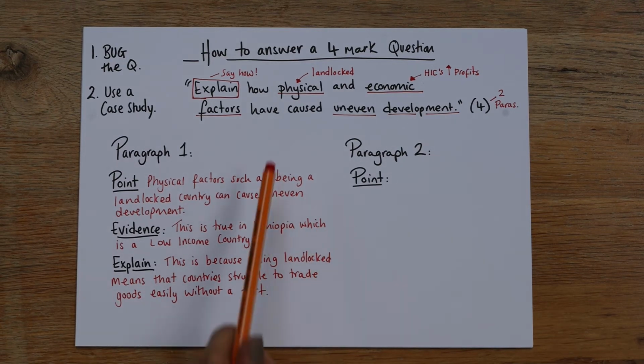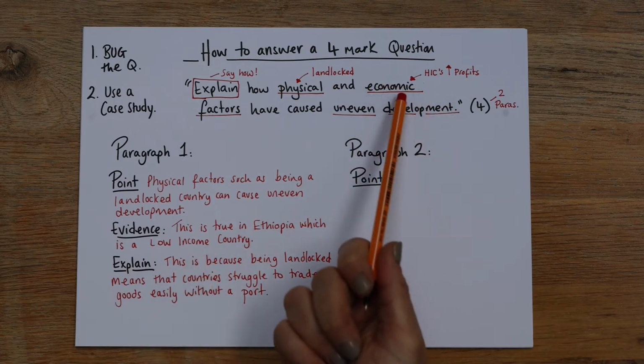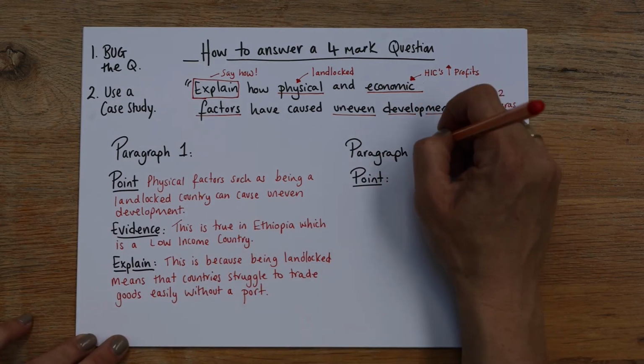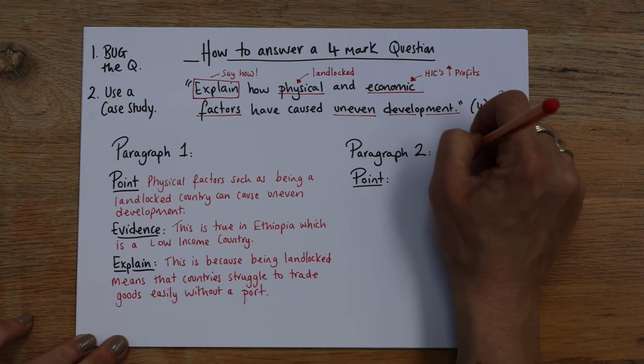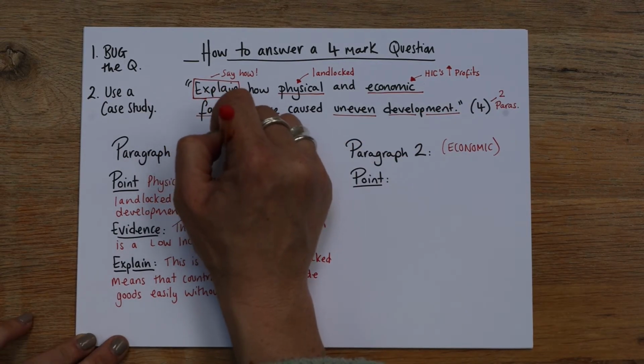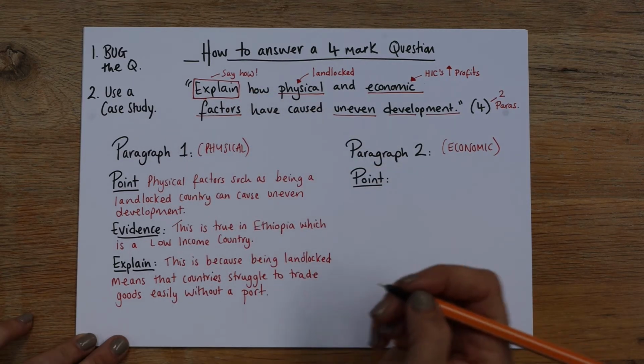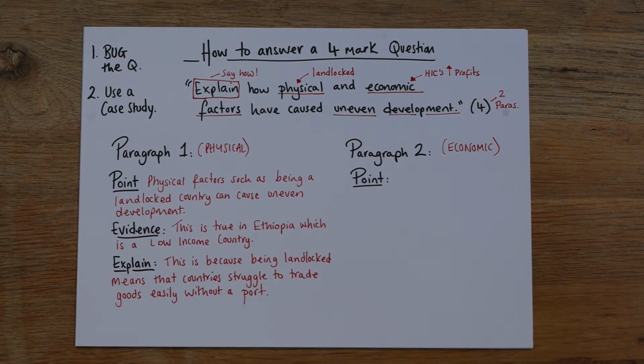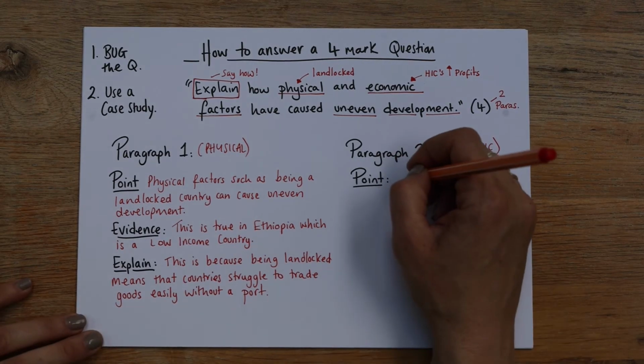Right, we're done talking about physical now. Our second paragraph has got to be about economic. Do you see how we've split it up? Yeah, physical factor being landlocked, and now we've got to talk about economic. This one's a bit more vague, but then paper 2 can just be like that. So roll with it, see what we put together.